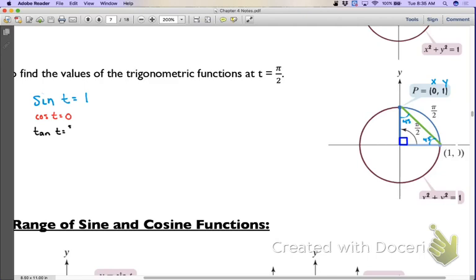So if it is sine over cosine, what is sine? 1. So it's 1 over 0. Can you ever divide by 0? So it's undefined. I would just call it undefined. If you want to put the circle with the slash through it, that's fine too.